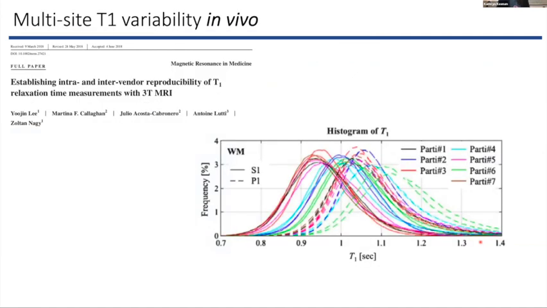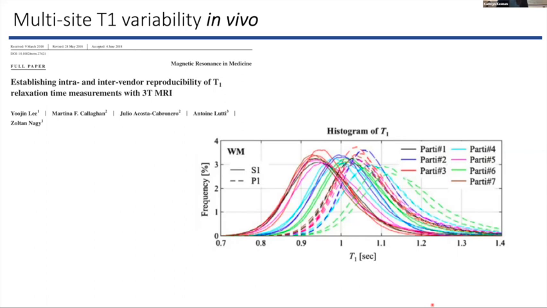Here, Lee et al. was looking at white matter T1. So here we have the T1 value, a histogram of values in 7 different participants. And this is, again, for white matter. And there were 2 different vendor systems. So the solid line is one vendor, and all the dashed lines are another vendor.